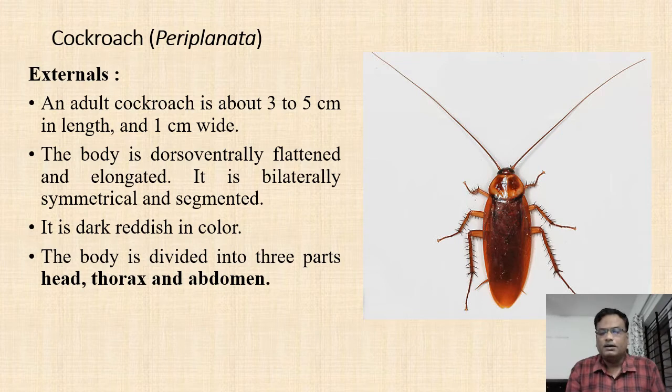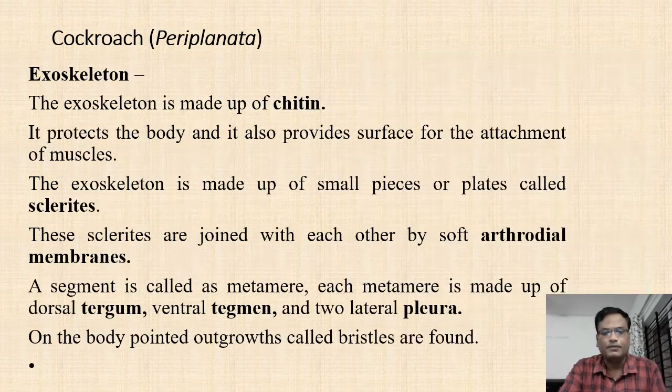The body of the cockroach, like all other insects, is divided into head, thorax, and abdomen part. Now, the exoskeleton of the cockroach is made up of chitin, and this chitin exoskeleton protects the body, and it also provides surface for the attachment of muscles. So the chitin part acts as a surface for the attachment of muscles, which are part of the locomotor organs.